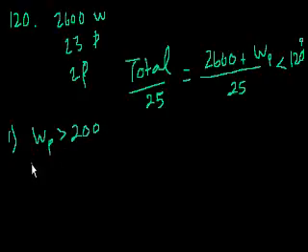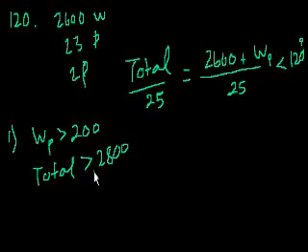And another way of saying that is that the total is going to be greater than 2,800. Now, if the total is greater than 2,800, then the total divided by 25 is going to be greater than 2,800 divided by 25.